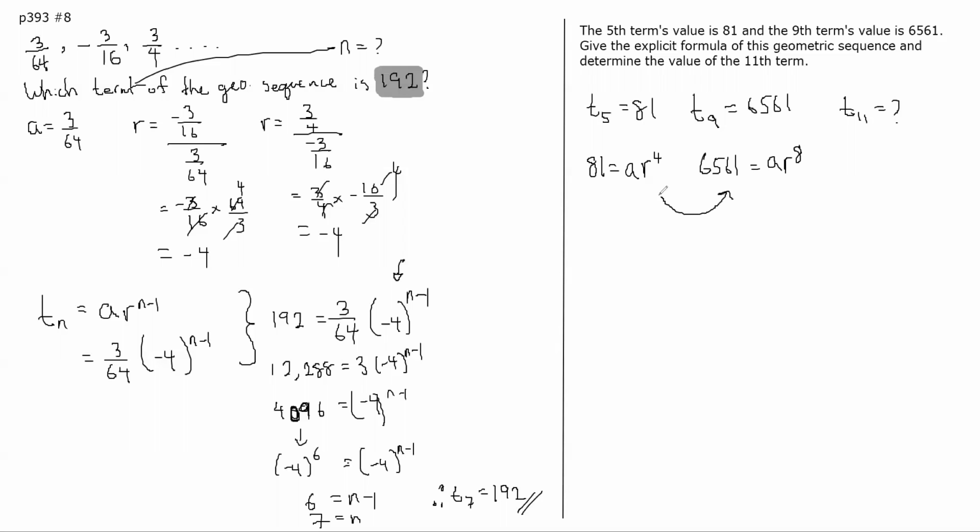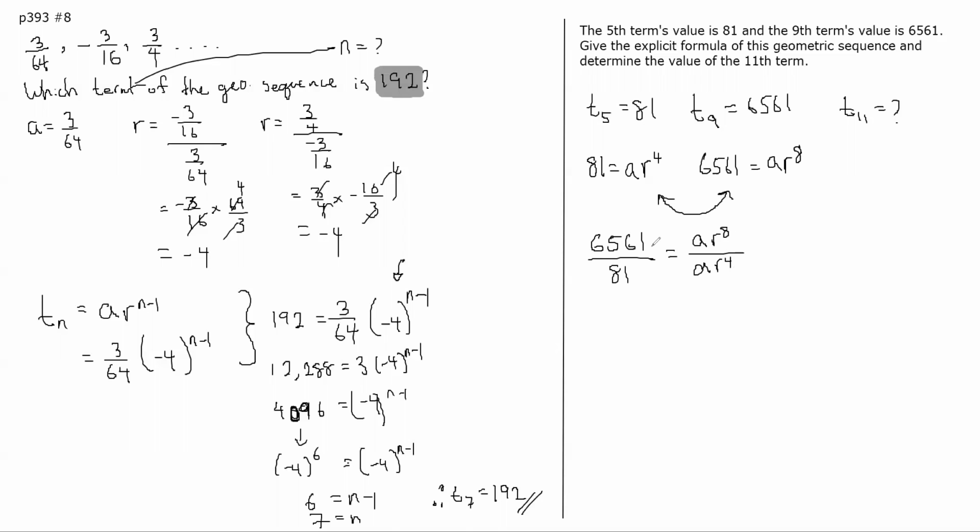These two are going to be compared. 6,561 divided by 81 is the same as a r to the power of 8 divided by a r to the power of 4.